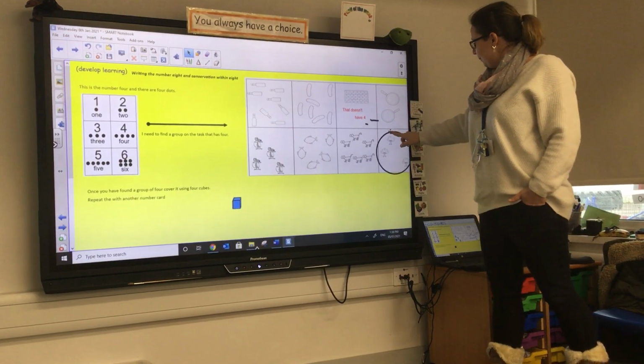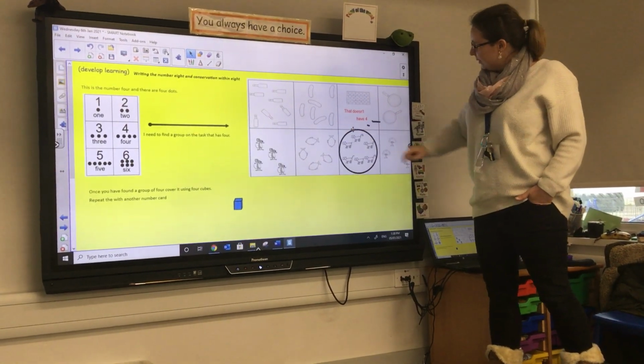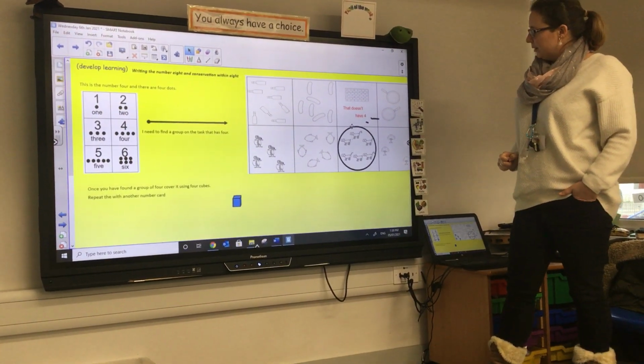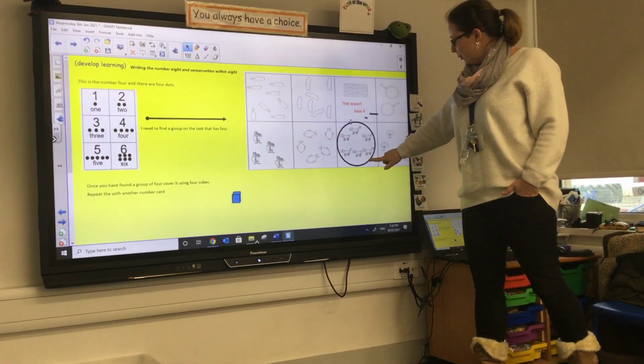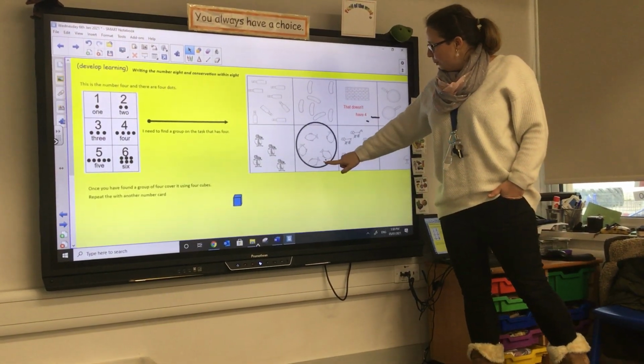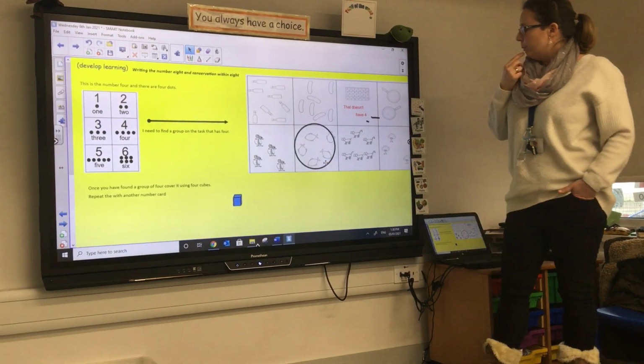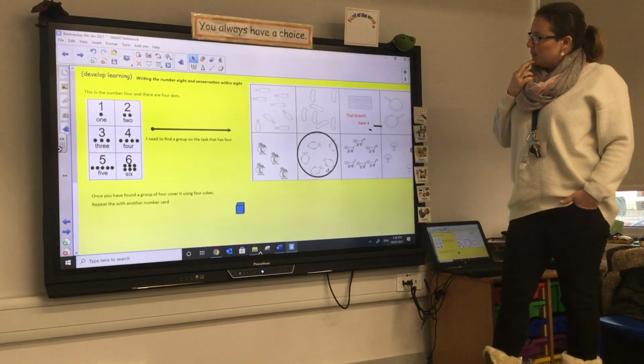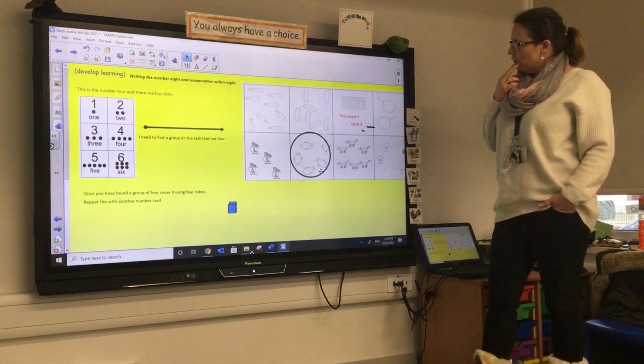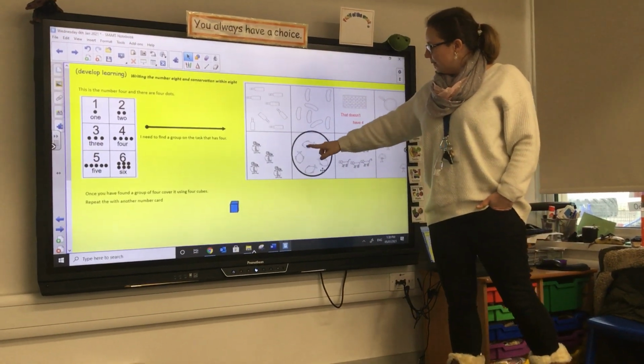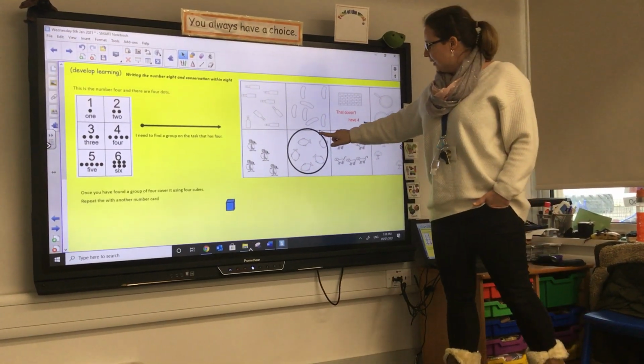No, not that one. What about cats? Have a look. No, not 4 cats. Next, what about fish? That looks like it might be number 4. My estimate would be that there might be 4 fish. No, 1, 2, 3, 4, 5 fish, not quite.